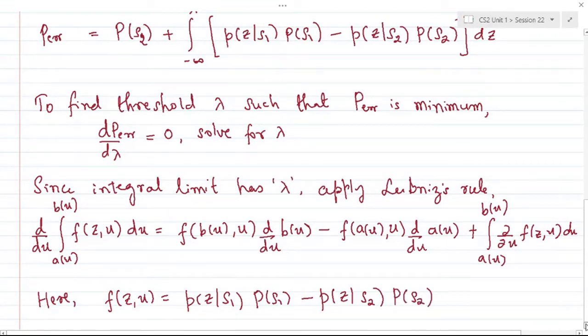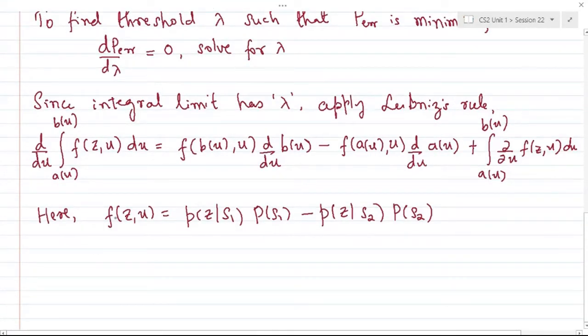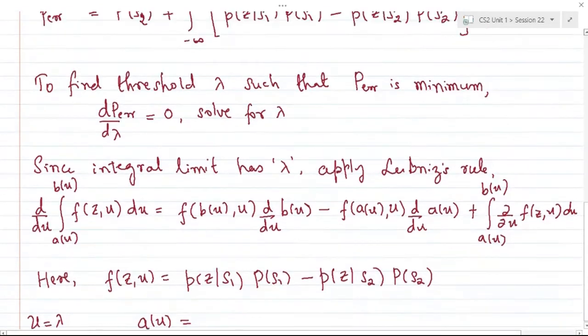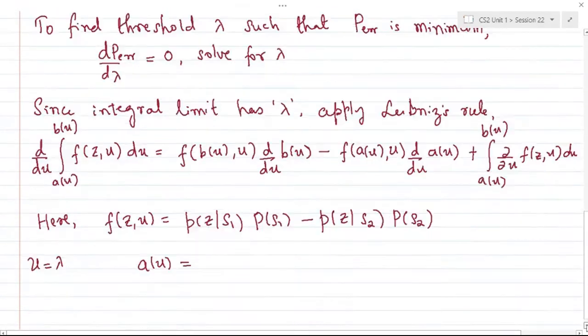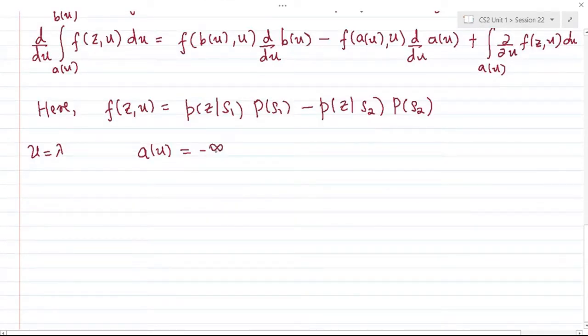We'll try to differentiate it later, because the third term in the Leibniz rule says that we need to partially differentiate with respect to lambda, where u here is equivalent to lambda in our case. But you see that the lower limit a of u in our case is minus infinity, independent of lambda, some large number.